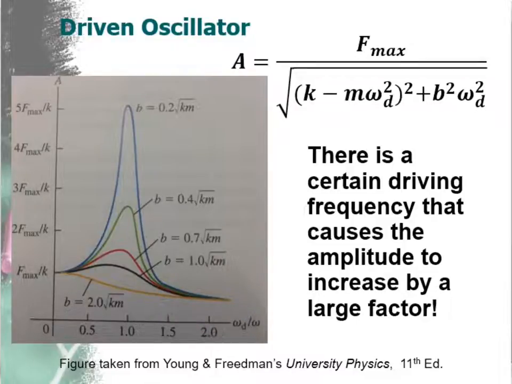So if we select the right driving frequency, omega d, then we can cause this amplitude to increase by a large amount, much more than what we are driving it with. And this phenomenon that we observe in driven oscillations is what's called resonance.